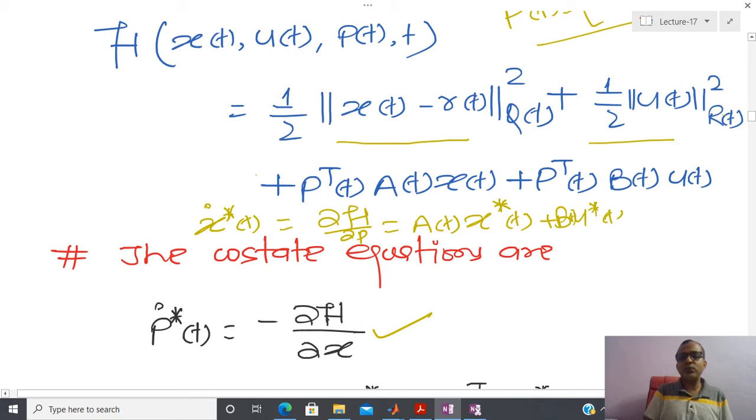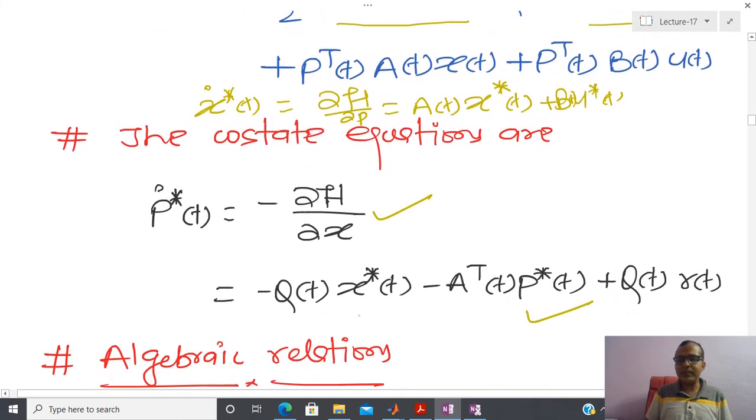So basically the 2 and the half cancel out, and after that (x(t) minus r(t)) times Q(t) comes into the picture. In this formulation, one time I have collected minus Q(t) x(t) because the negative sign is there, and after that this. If you collect these two terms, then that term basically comes into the picture, and after that I have to take the partial derivative of H with respect to x.